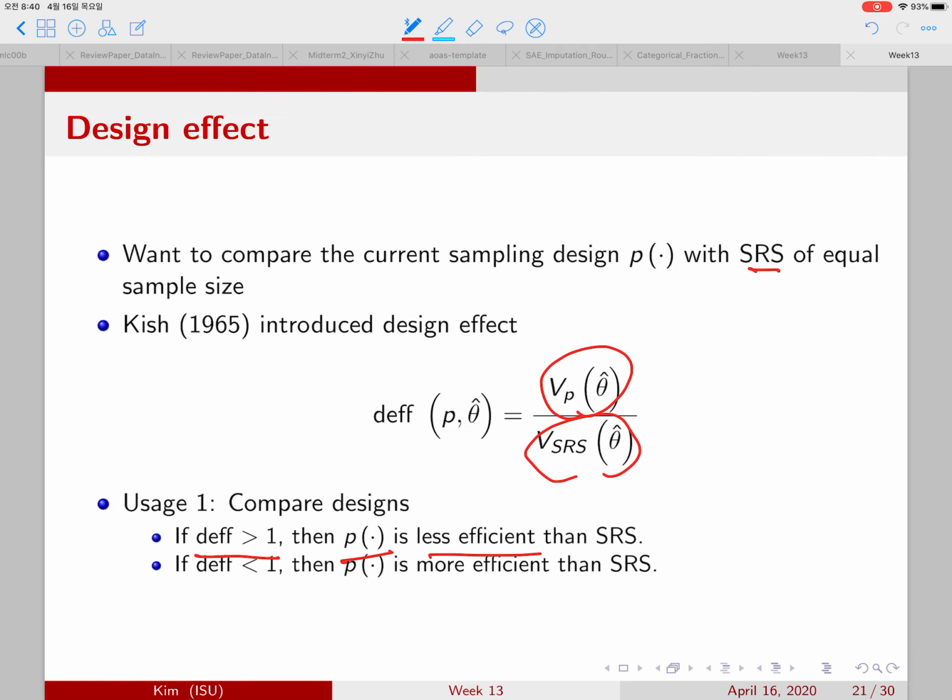That is the definition of the design effect: the variance of the current sampling design divided by the variance of simple random sampling under the same sample size.